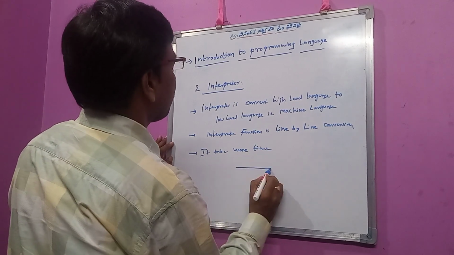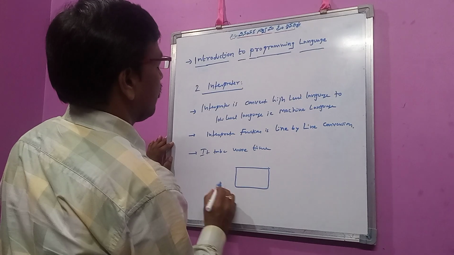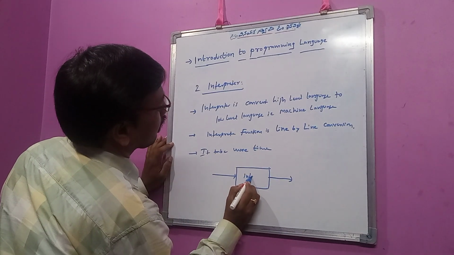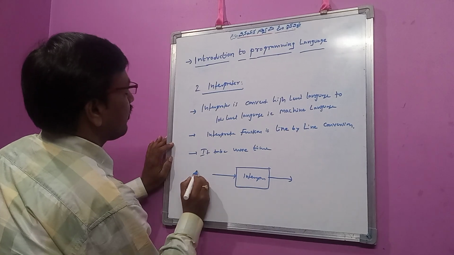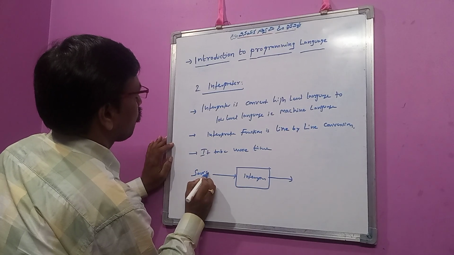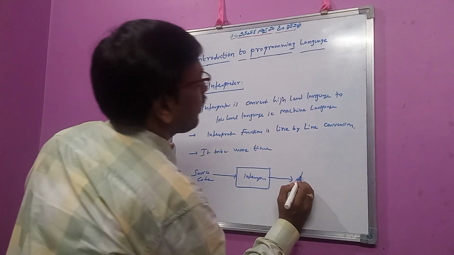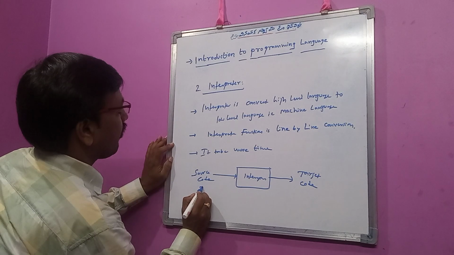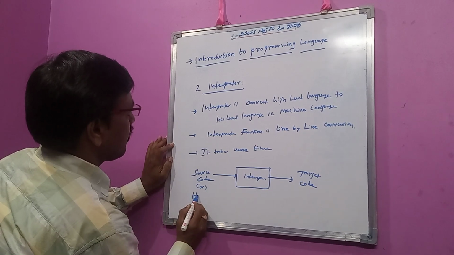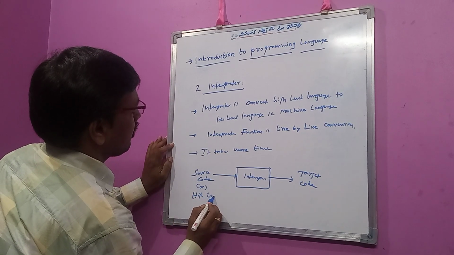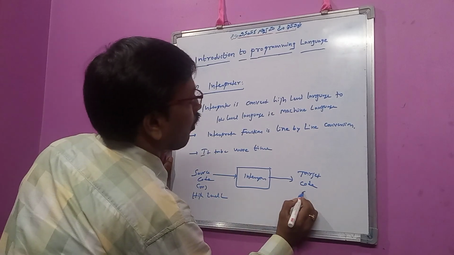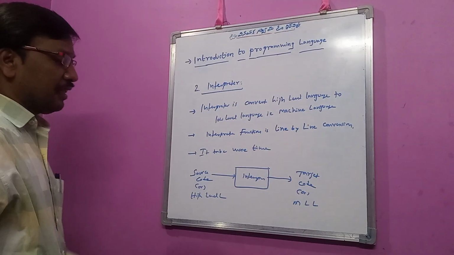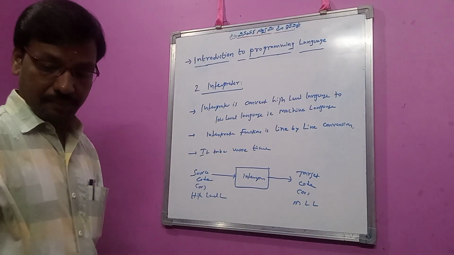Here you can see the structure represented like this: the source code, the target code, that is high level language or machine level language. This is an interpreter.